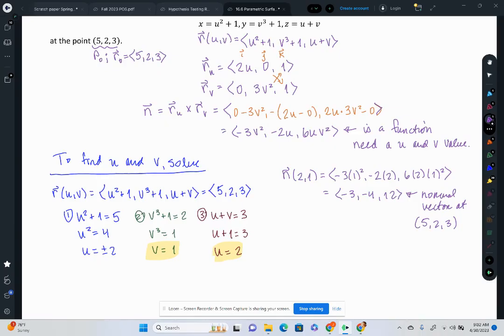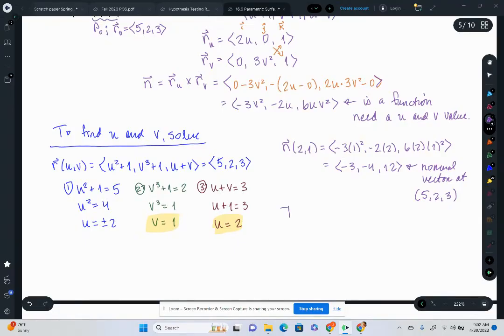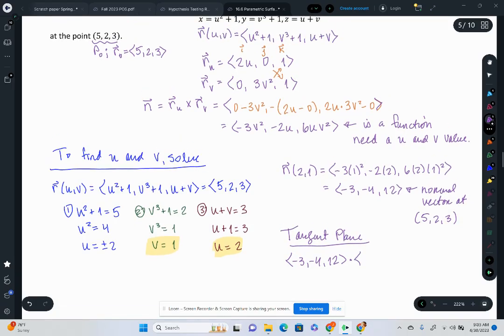All right. Now our tangent plane, we can finally come up with. We've got our point, we have our normal vector. So our tangent plane is going to be n, which is negative 3, negative 4, 12, dotted with r minus r naught, which looks like, remember r is x, y, z, and r naught is x naught, y naught, z naught.